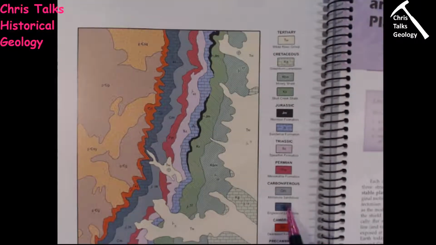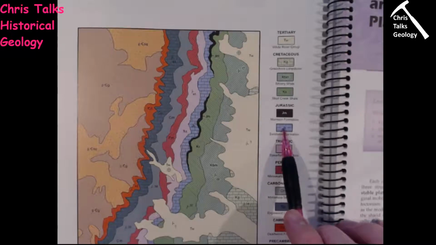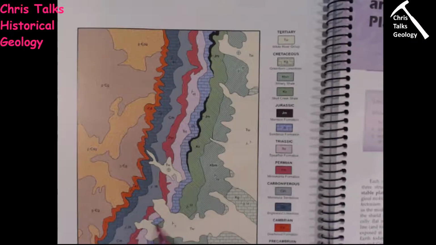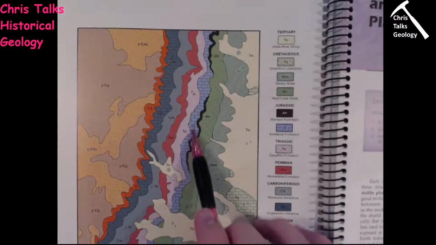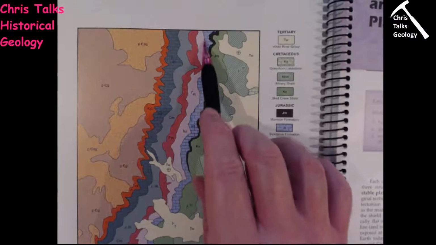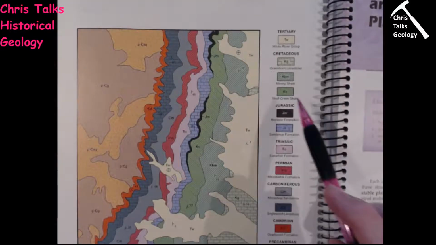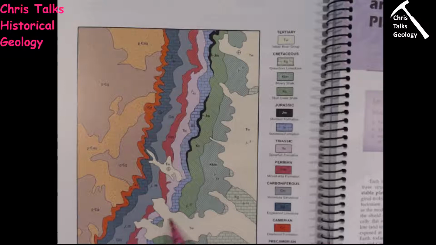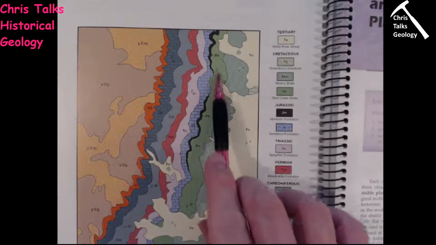Where's the Sundance Formation? Sundance Formation, there, is in blue. So it's coming up here. Skull Creek Formation is here in green. It's coming up there.